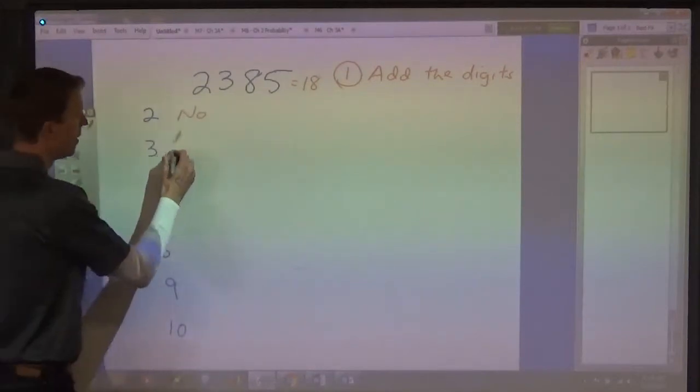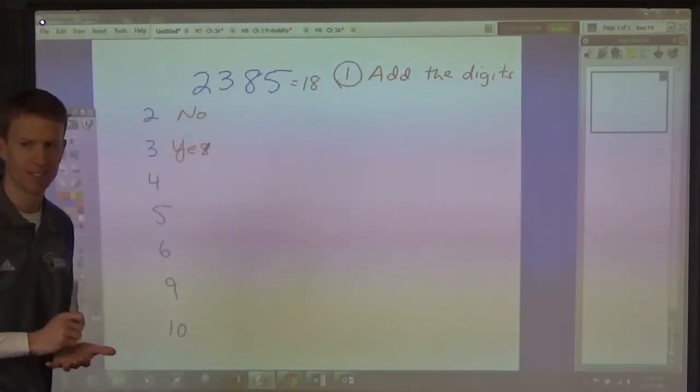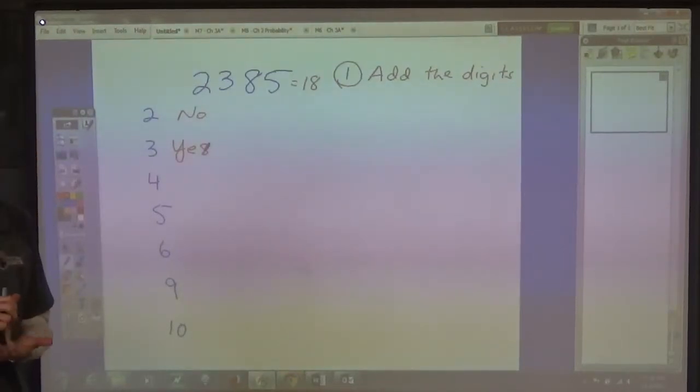Yes. What else do we know now? By adding the digits, what else did we find? What other rule says add the digits? 3 and, or what? 3 or 9.